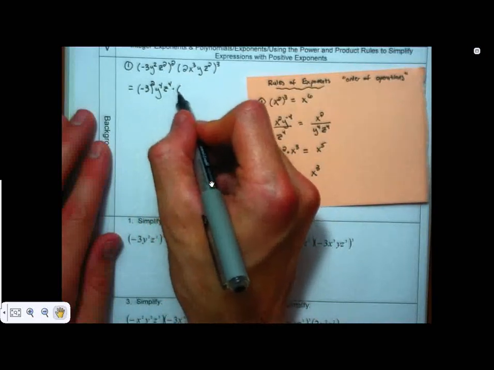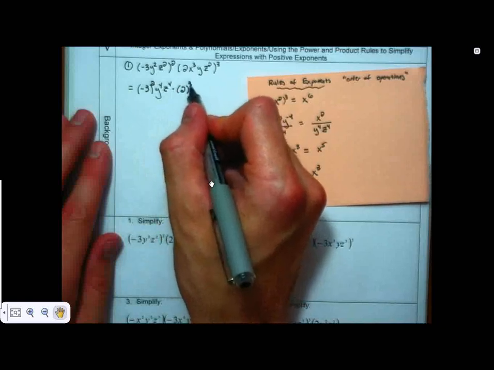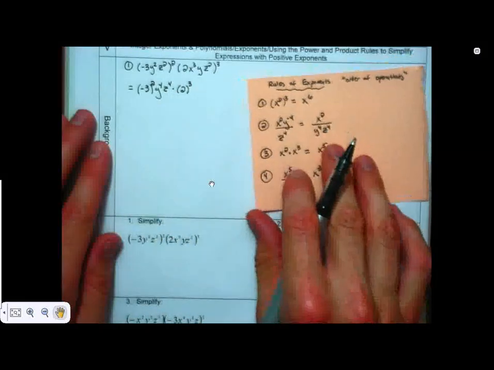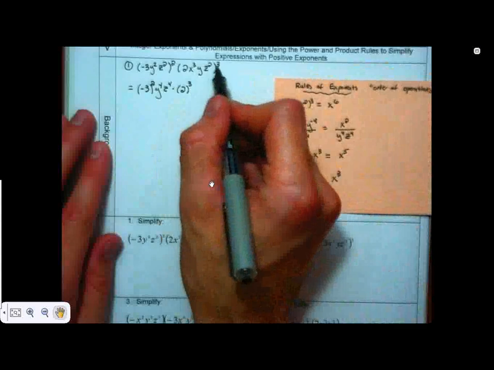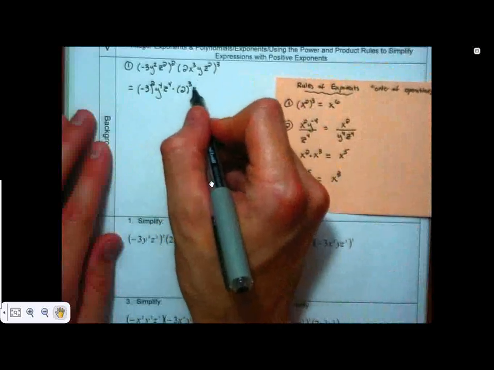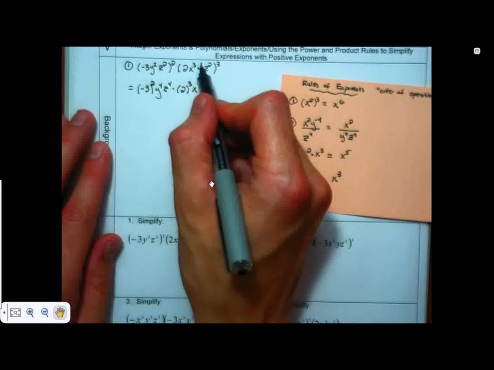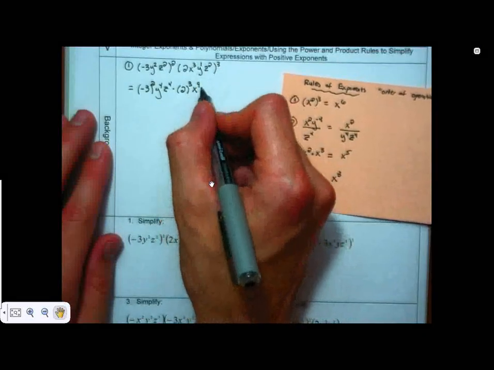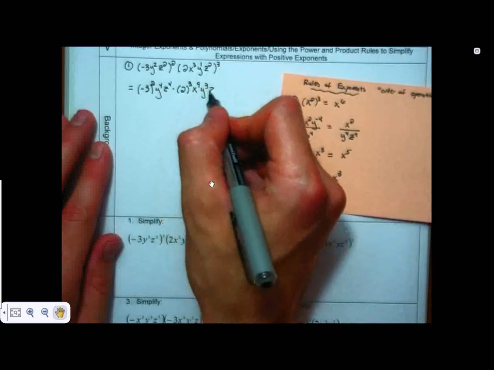So I'm just going to leave the 2 in its own little house and copy the exponent of 3. Take care of that later. And then I've got x to the 3rd power is going to be x to the 9th. Okay, now notice y has a missing exponent, so I'm just going to slip a 1 there. Okay, 1 times 3 is 3, so I've got y to the 3rd. And then 2 times 3 is 6, so I've got z to the 6th.